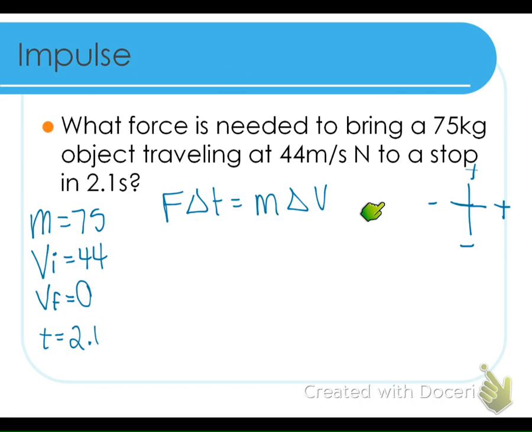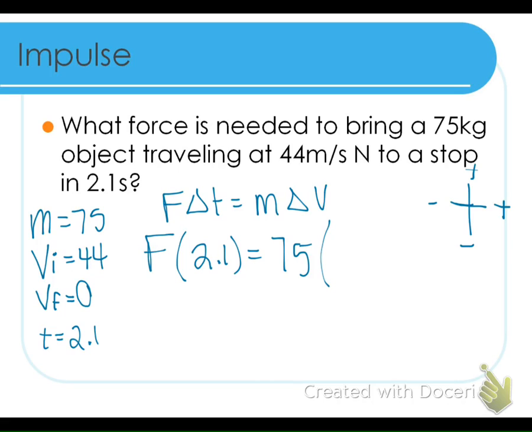Okay, nowhere in this question does it ask for impulse or ask for a change in momentum, yet we can use that equation, okay, because it puts all of those factors into one equation. So we're going to solve for our force. We know that our time is 2.1. Our mass is 75. And this delta V means final minus initial.